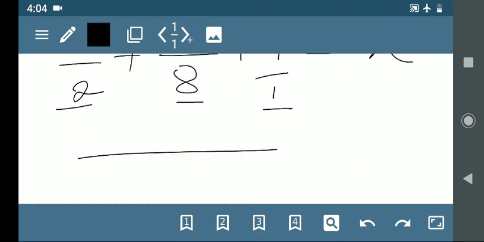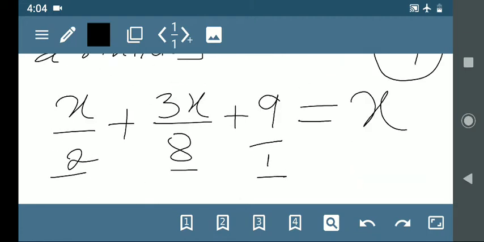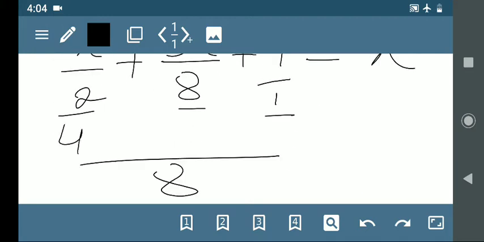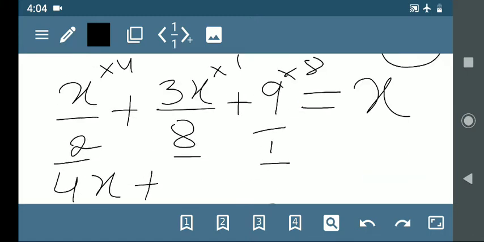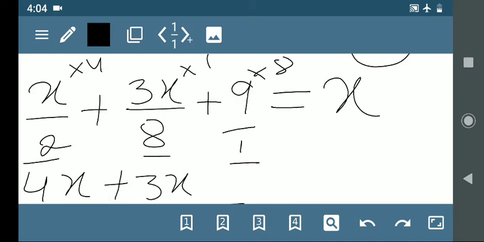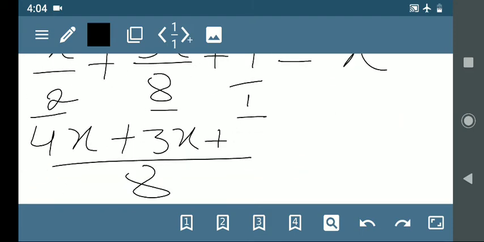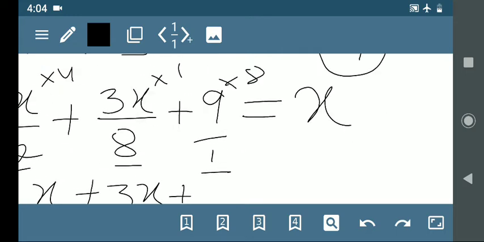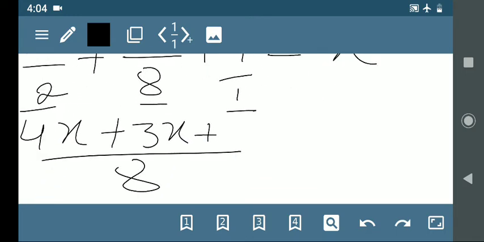So 2 how much is 8? 2 4s are 8, 1 8s are 8, 8 9s are 72. So 4x plus 3x plus 72 is equals to x.